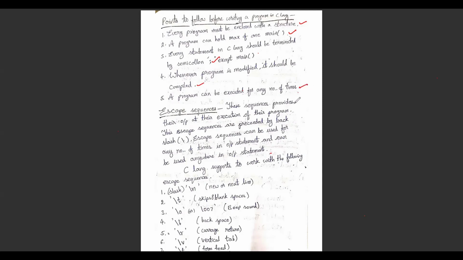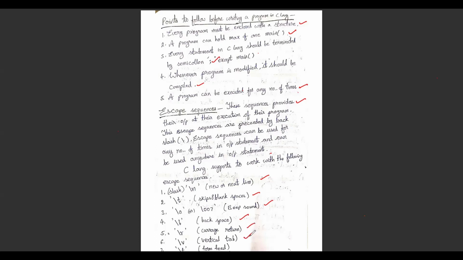I said just now we have some escape sequences. These sequences provide their output at the execution of the program, and they are preceded by a backslash. Backslash n is new line or next line. Backslash t is a tab, 8 blank spaces. Backslash a gives you a beep sound. Backslash b is backspace. Backslash r is carriage return.